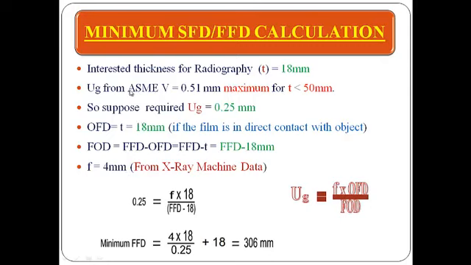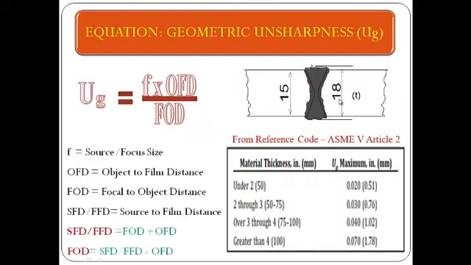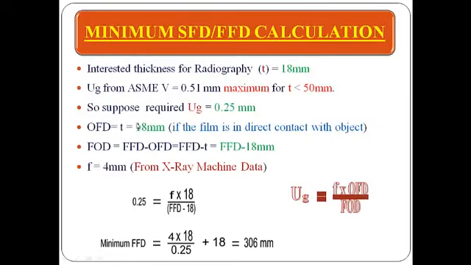To calculate the minimum FFD, we must know the interested thickness, as we knew that our interested thickness is 18 mm and UG from ASME 5 is equal to 0.51 mm maximum for T less than 50 mm.